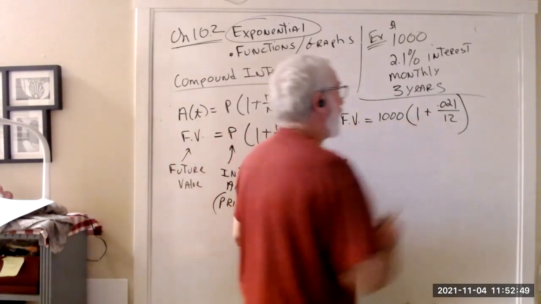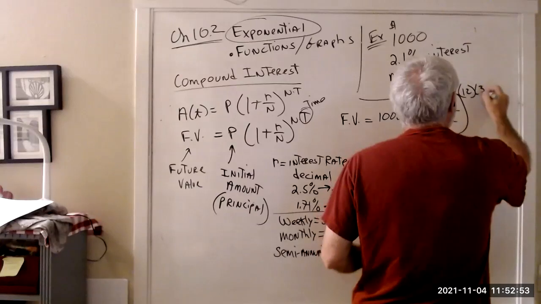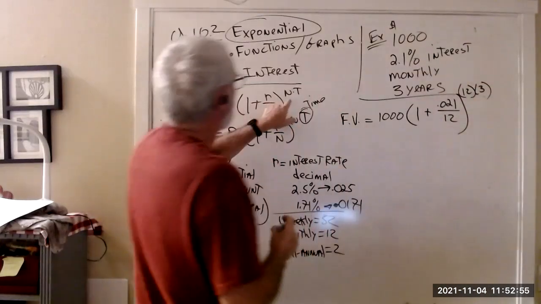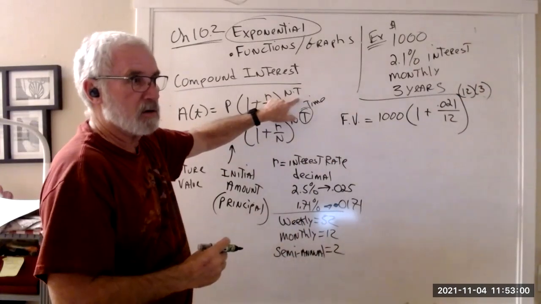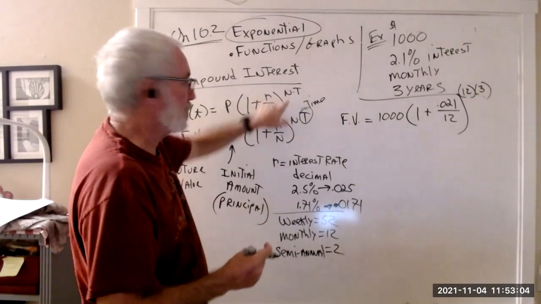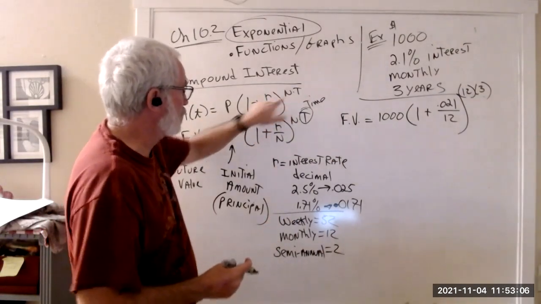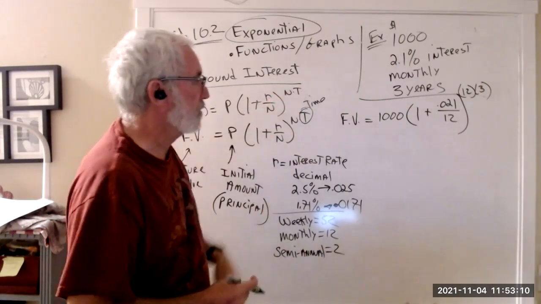And it will be raised to the 12 times 3. The formula up here was n times time. Well, n was 12 in this problem, so we use it twice, here and here, and time was 3 years.